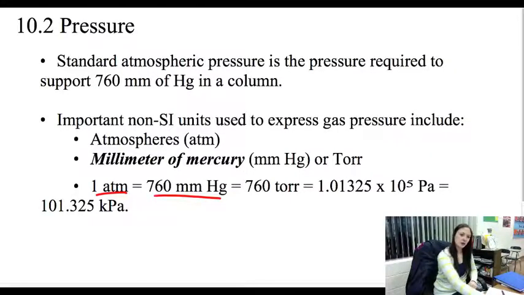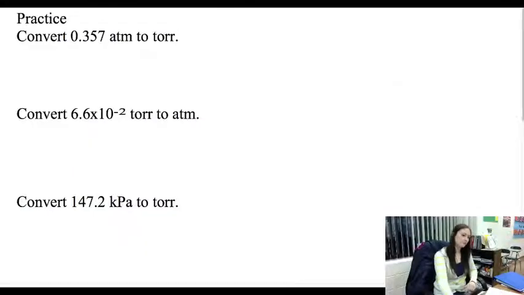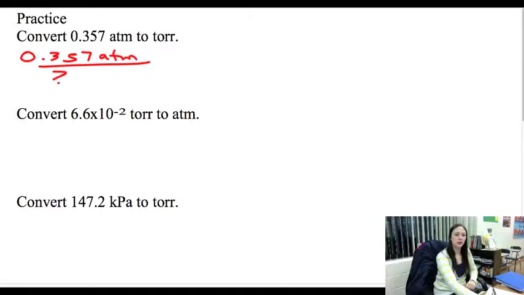So let's convert between the two, or three. Okay, if I've got 0.357 atm, we're going to convert that to torr. So you can do a proportion, or you can just think about multiplying or dividing. I'm going to do a proportion: 0.357 atm for some number of torr. And I know that in 1 atm, there are 760 torr.